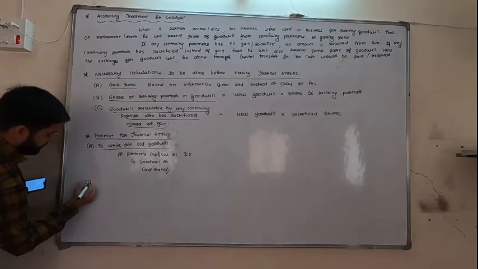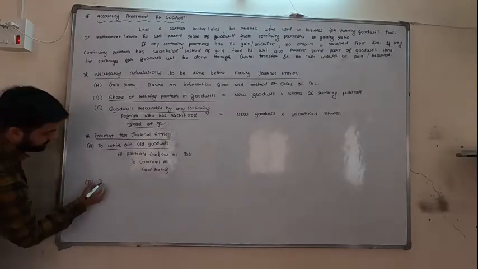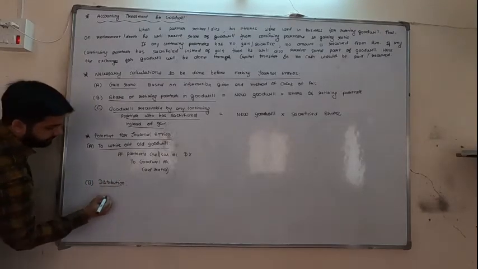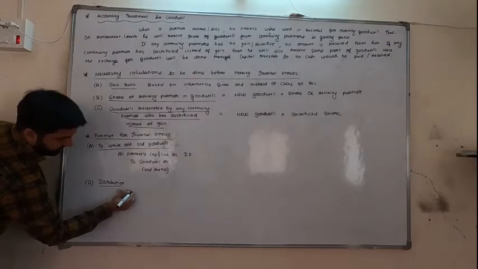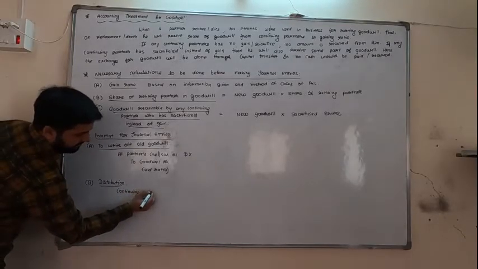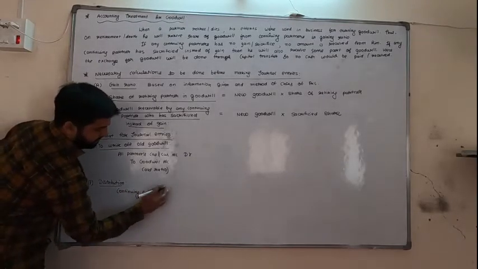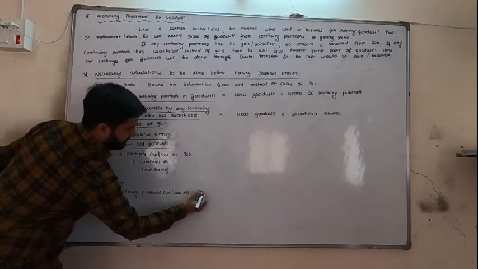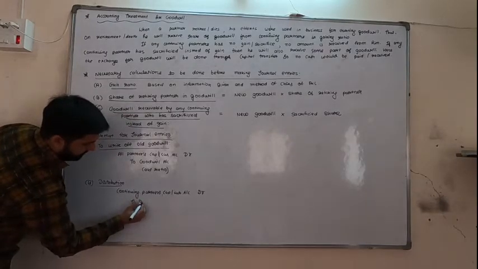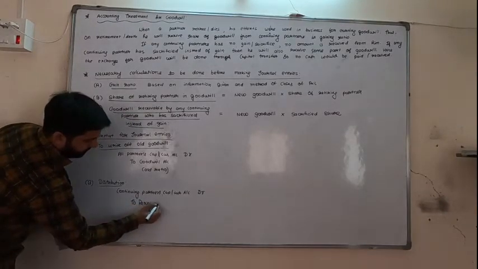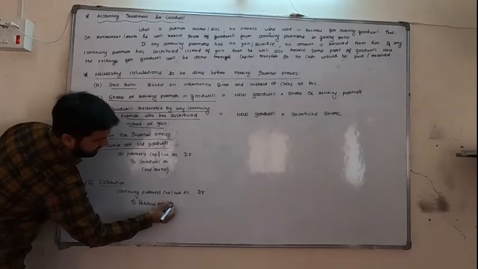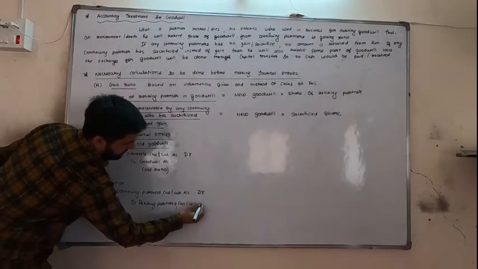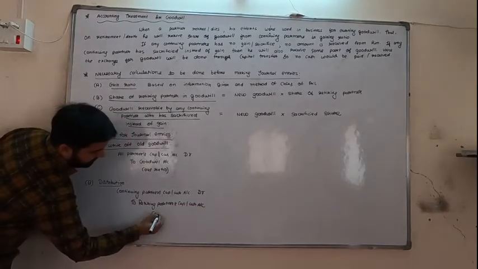B. Distribution. Now for this distribution, continuing partners' capital or current account debit to retiring partners' capital or current account, in which ratio?